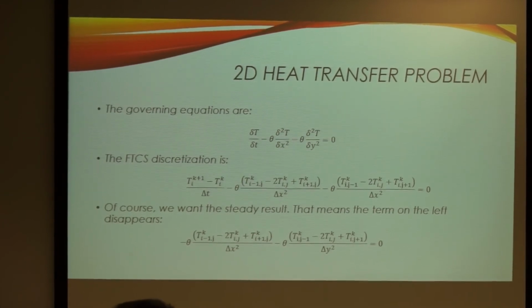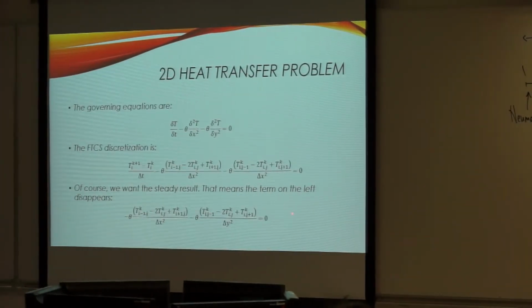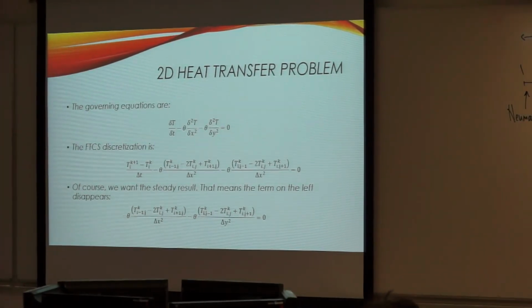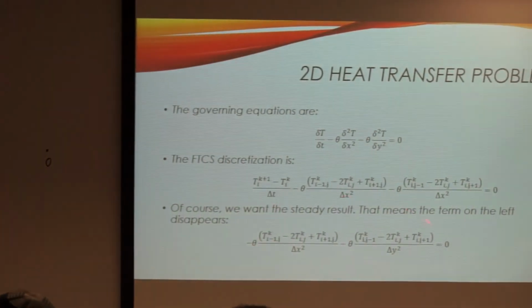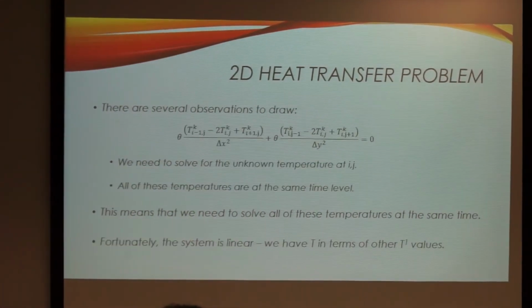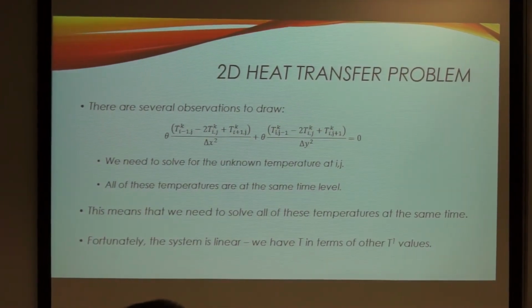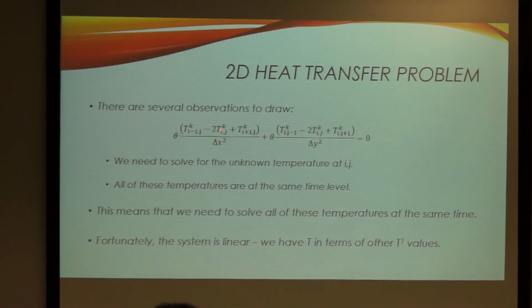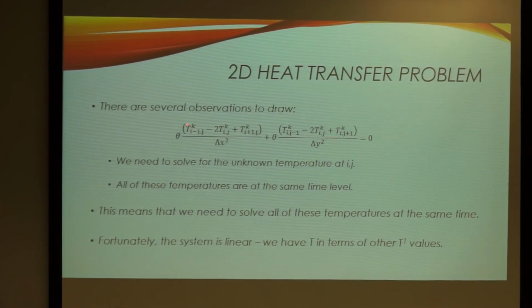If our result is steady, then we can get rid of this time gradient and we have these two equations here. So your first time derivative is gone and we have these guys here. That means you're solving for this system. We're trying to solve for Tij.